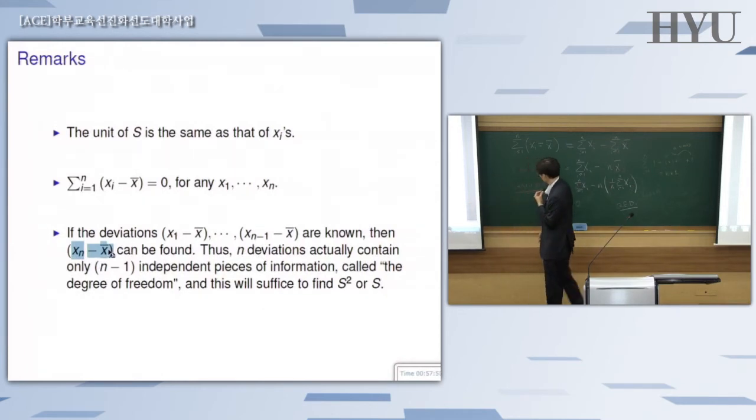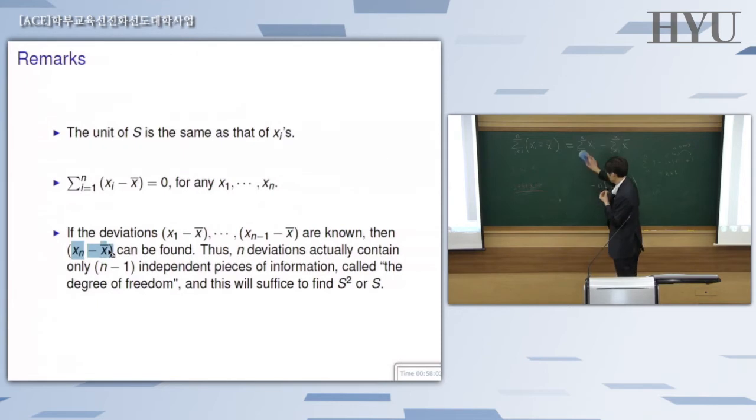So what this last statement is saying is, even if you don't directly observe the value for the last entry, say 3, 5, and x. Unfortunately, we don't observe this last entry x, but we do know that they add up to 0.